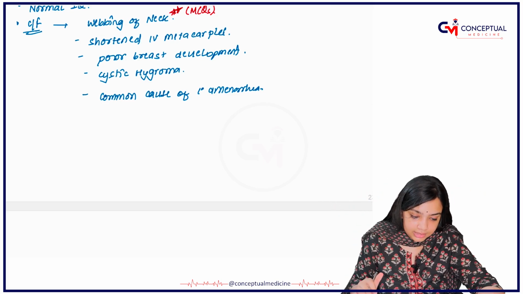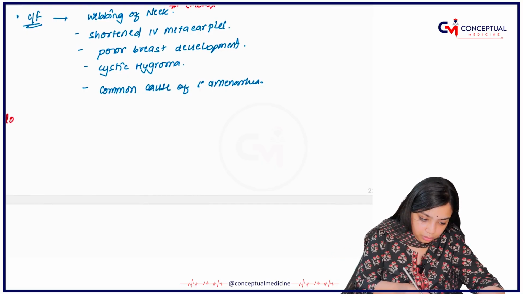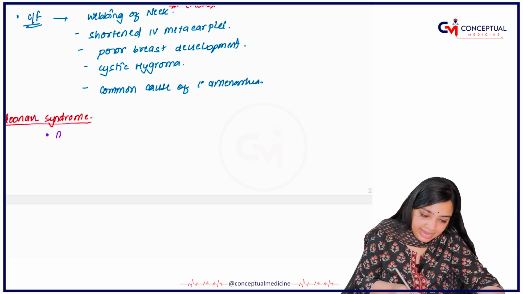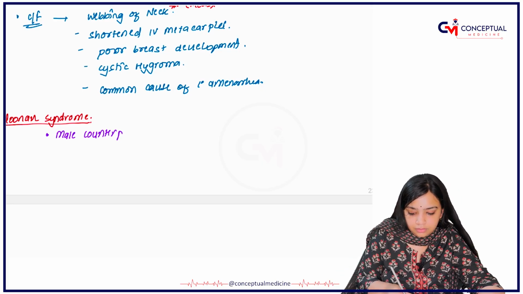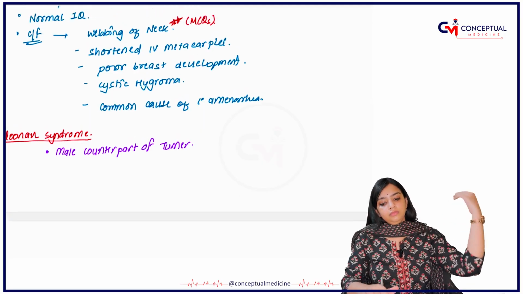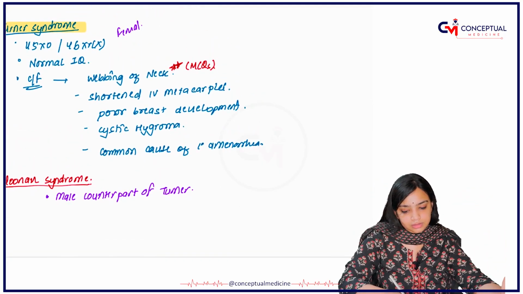Okay. Now lastly, I want to talk about Noonan syndrome. Noonan syndrome is similar to Turner syndrome, that's why we need to talk about this. What is the main difference? It is the male counterpart of Turner. Turner syndrome was mainly happening in females.